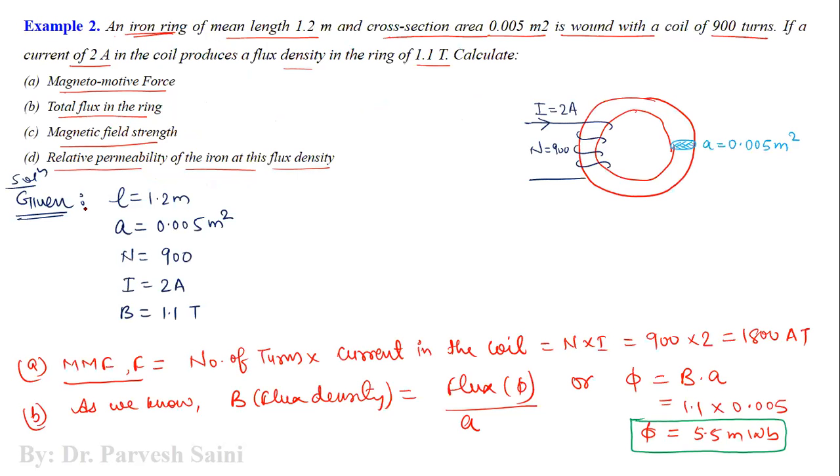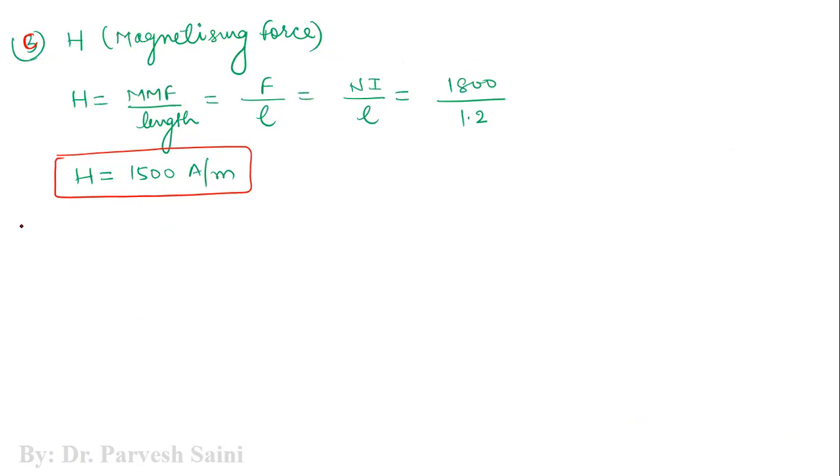Then we have the last part D. We have to find out the relative permeability of the iron at this flux density, right? So how will we find out the relative permeability of iron? Now, as we know, the magnetic flux density B and the magnetic field intensity H are associated to one another by this formula.